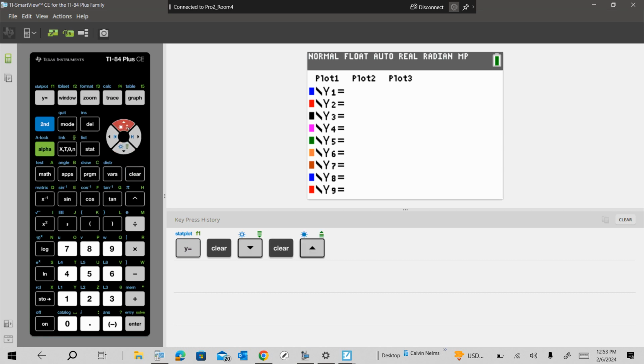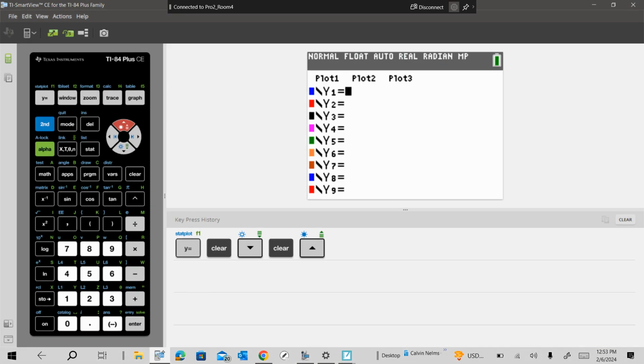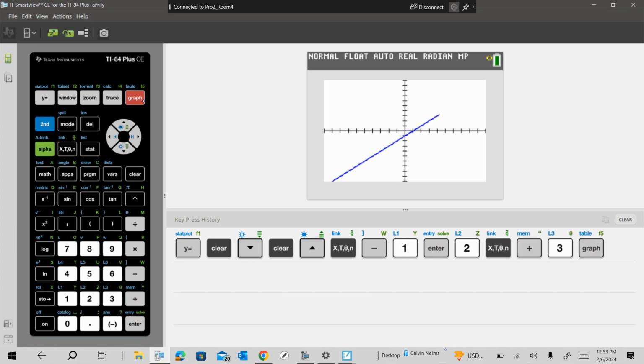I'm referring to number 3 here. We got both in slope-intercept form. We have y equals x minus 1, and then we have y equals 2x plus 3. So we're typing those in. X minus 1, enter. 2x plus 3, hit graph.